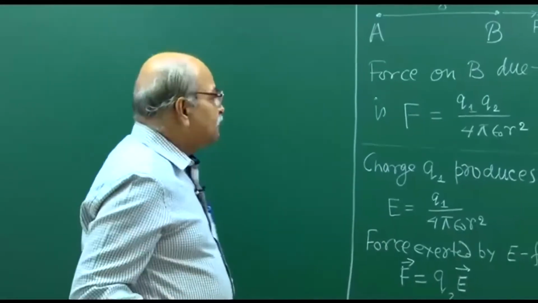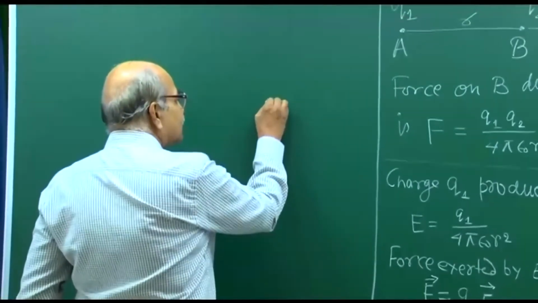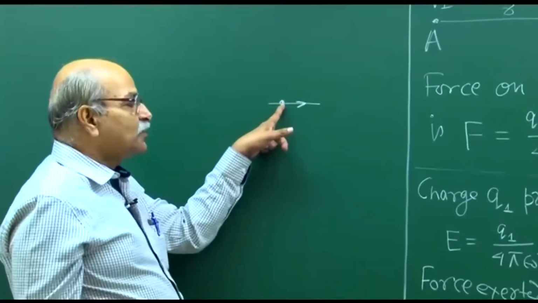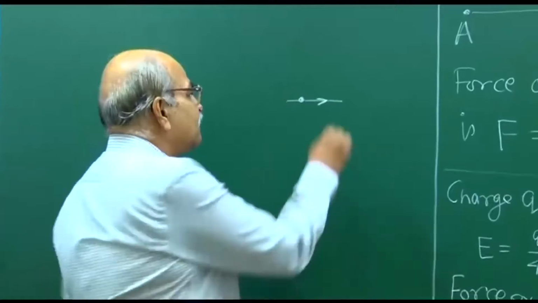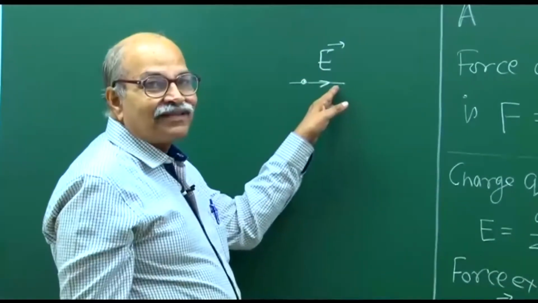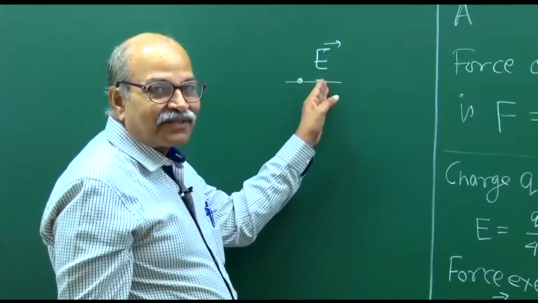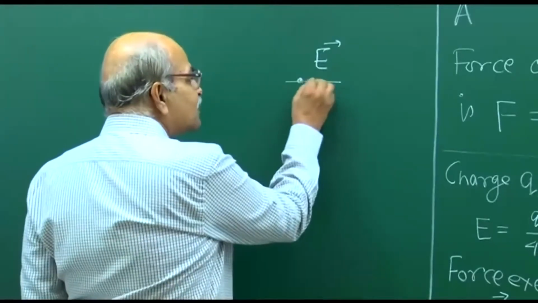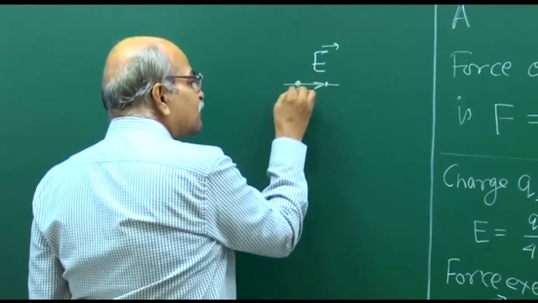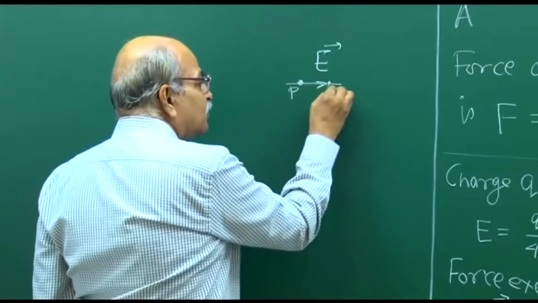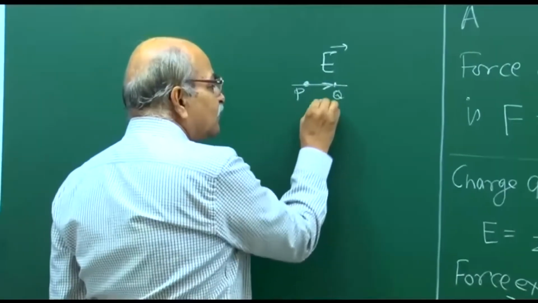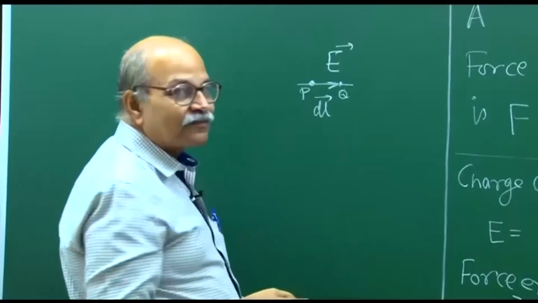If you have an electric field in this direction, and this is some point where you have some electric field, and you go a small distance along that direction of electric field. So, if you go a small distance here, suppose this point is P and this is some point Q, and the separation is small, say dl, and you can put this vector also.